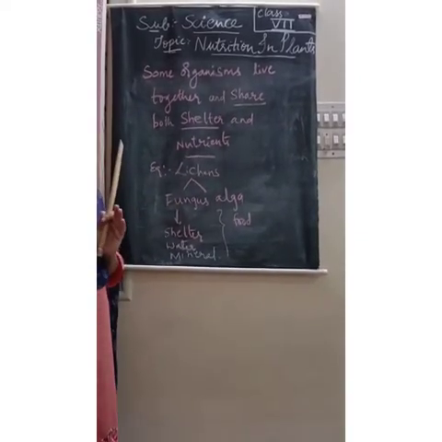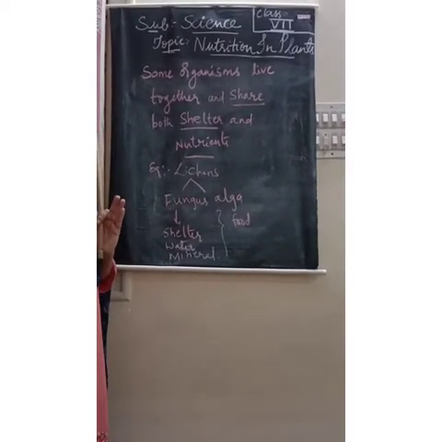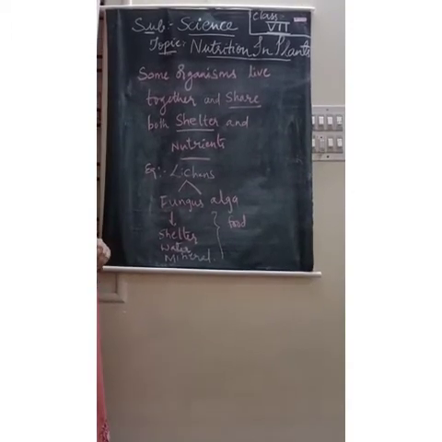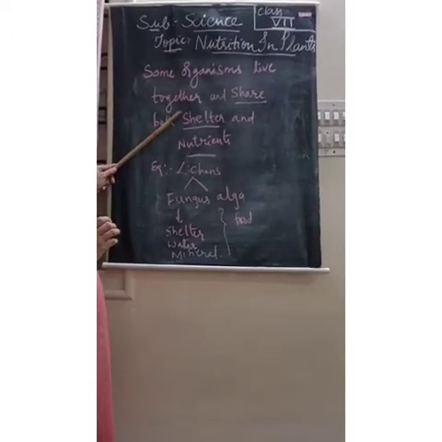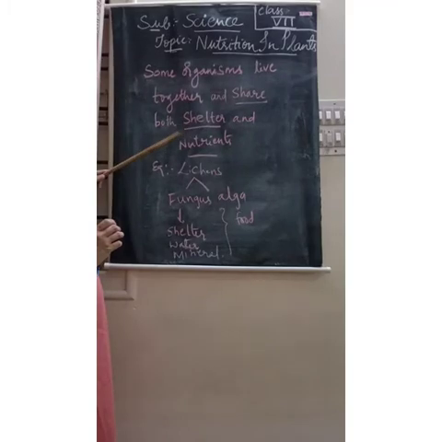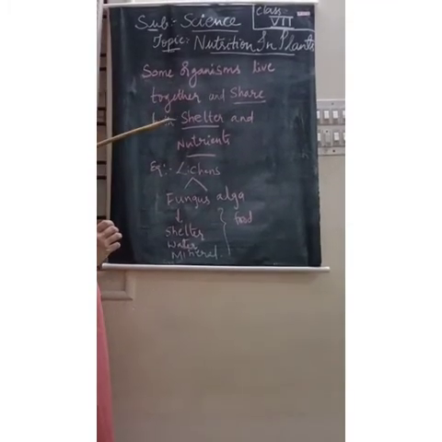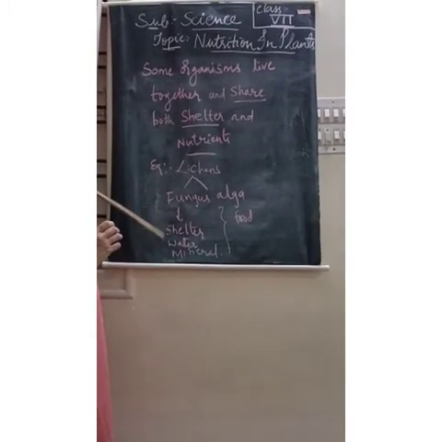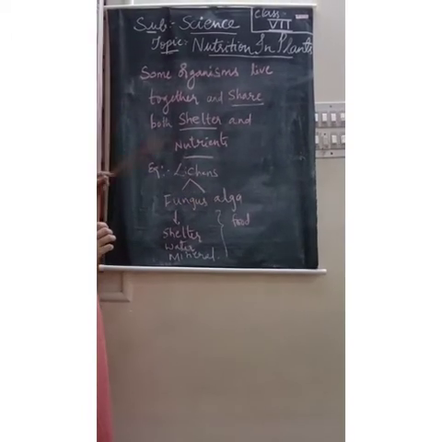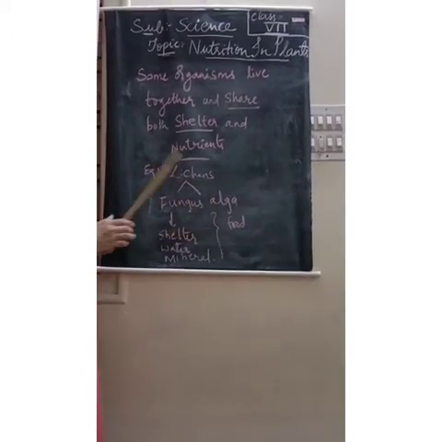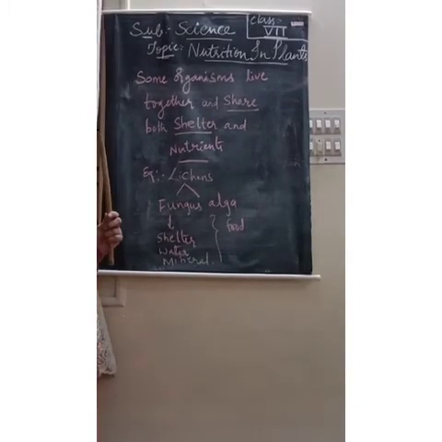What is symbiosis, children? A mutual relationship between two organisms. In it, they share shelter and nutrients. Some organisms provide shelter, water and minerals, and another provides food. Which is the example for symbiosis?